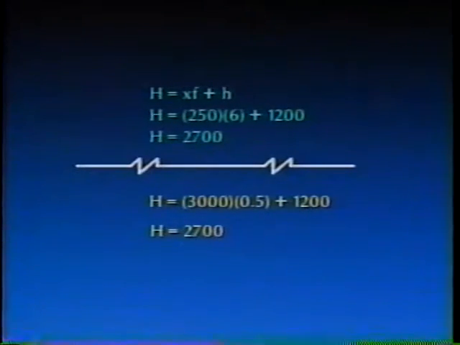The 6-inch focal length will convert to 0.5 feet. The equation will be H equals X times F plus small h, which is H equals 3,000 times 0.5 plus 1,200, or H equals 1,500 plus 1,200, and again, H equals 2,700 feet.